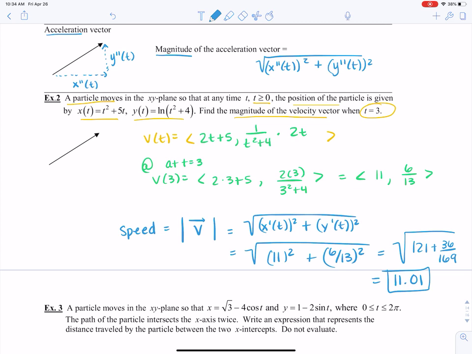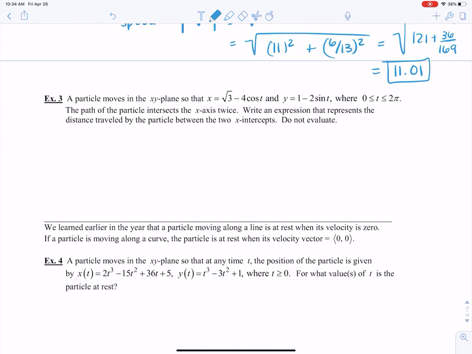Almost done, guys. I really like this next question because I think it is pretty straightforward. It says I have position x of t and I have position y of t, and they've given you restrictions on t, and it tells you that the path of the particle intersects the x-axis twice. Write an expression that represents the distance traveled.